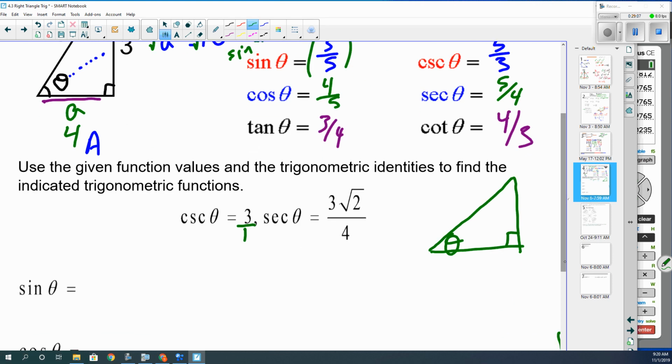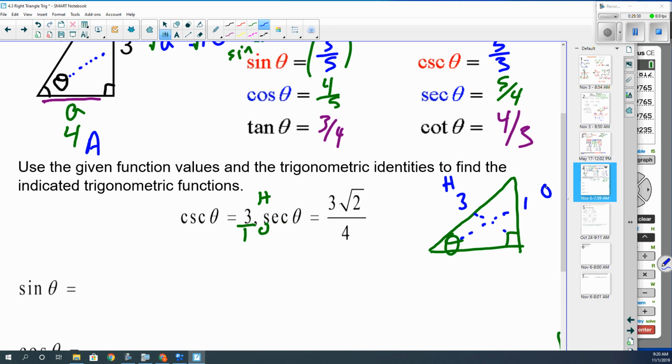So now my triangle, I need to label my hypotenuse as a length of 3, and I need to label the opposite side as 1. So the hypotenuse right here is going to be 3. The opposite side is going to be 1.